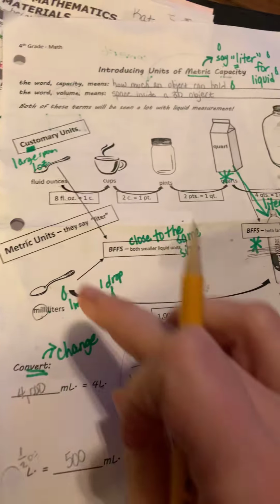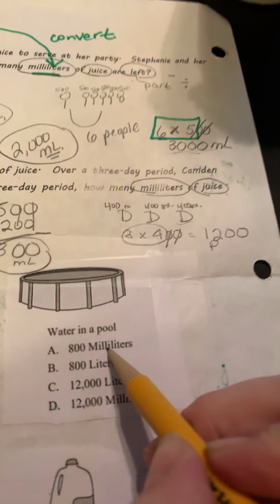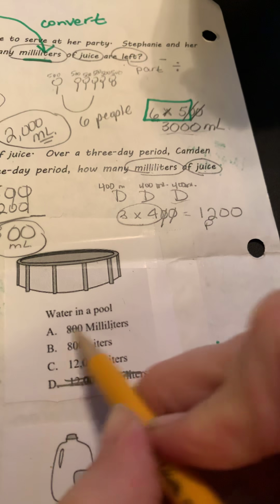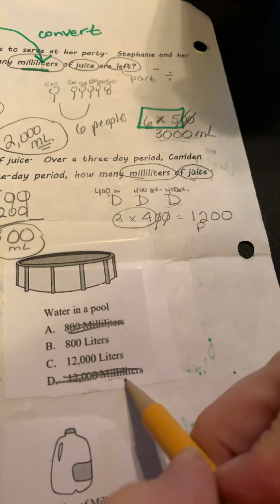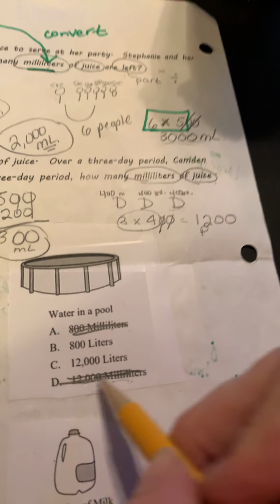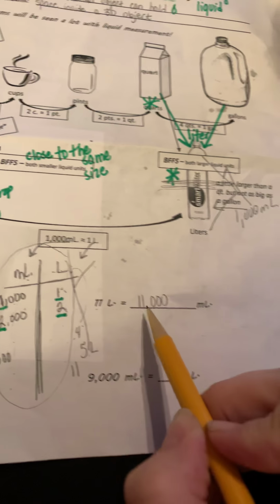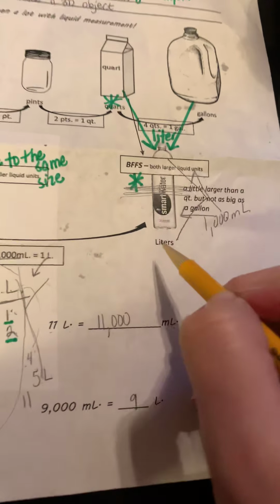They're like a drop. 1,000 of these make a large water bottle. So do you think I'm going to be filling up a pool with milliliters? No. 12,000 sounds like a ton, right? Except that on the front, we said that 11 liters is 11,000 milliliters.